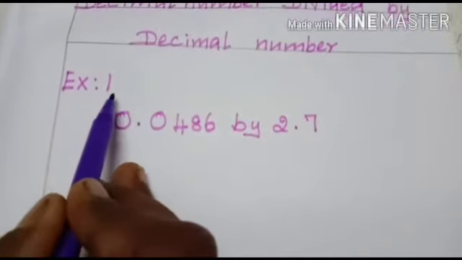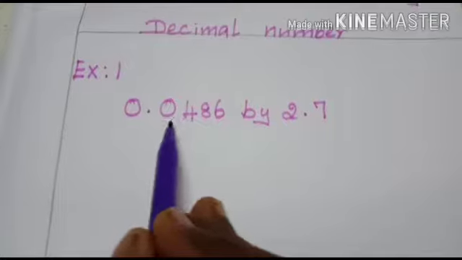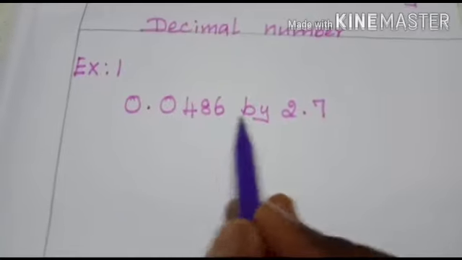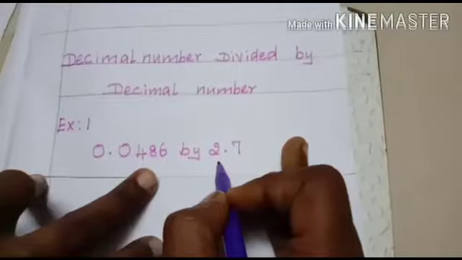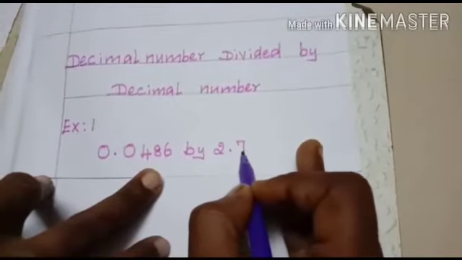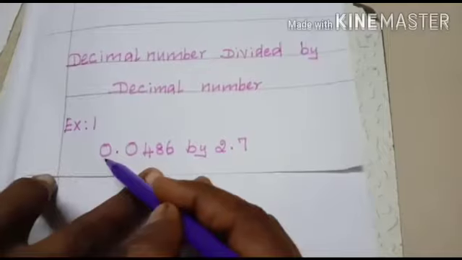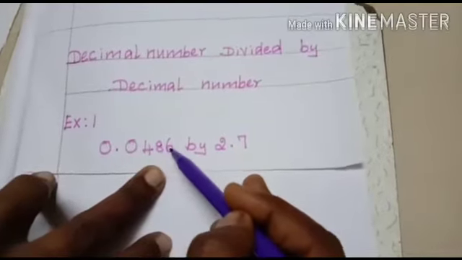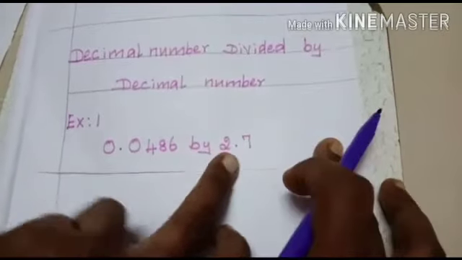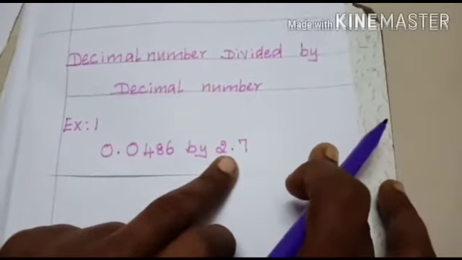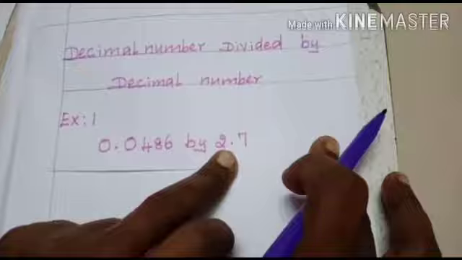Let's learn how to divide a decimal number by a decimal number. Let us see with one example: 0.0486 divided by 2.7. Here 2.7 is the divisor and 0.0486 is the dividend. In the divisor there is a decimal point, so division is impossible.